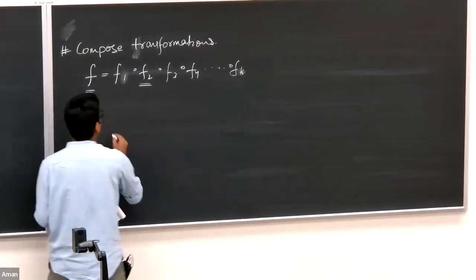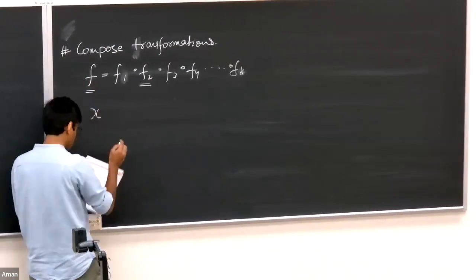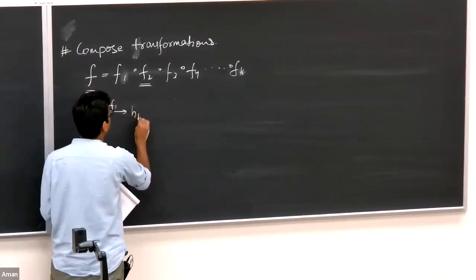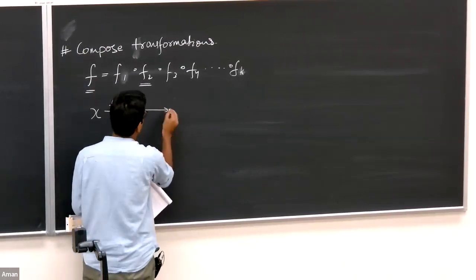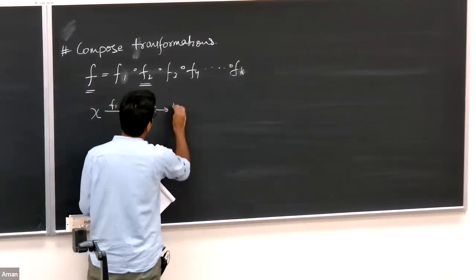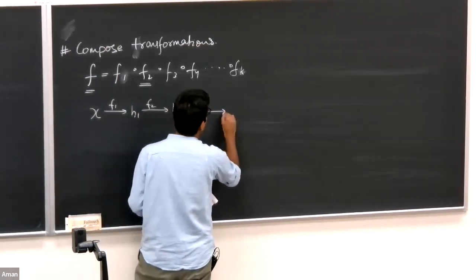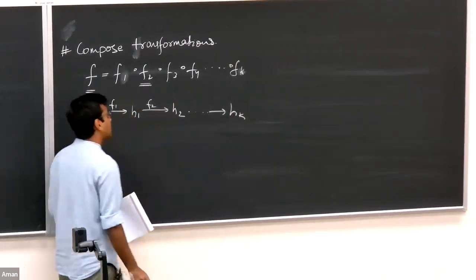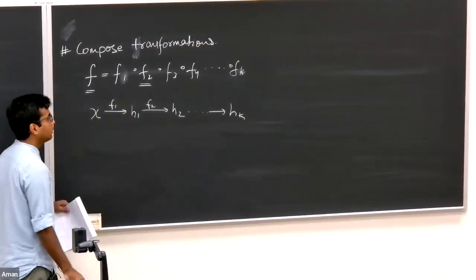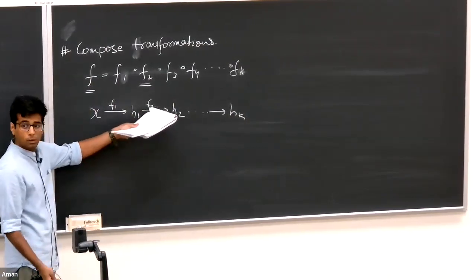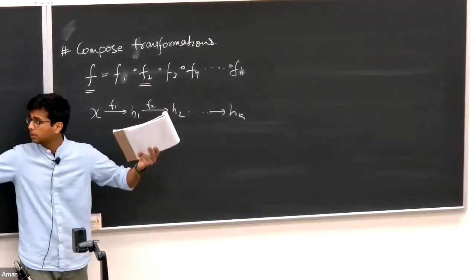So that would ensure that if you have an input x, you can apply f1 to it to get h1, and then you can apply f2 to this to get h2, and so on. Finally, you get hk. Because these are flow-based models, what we want is that all of these are independently invertible, which is what we want from a flow-based transformation.